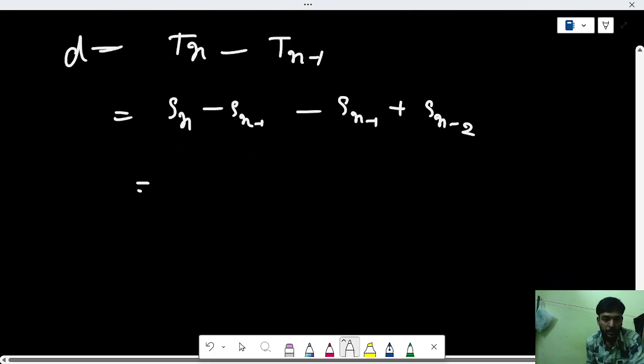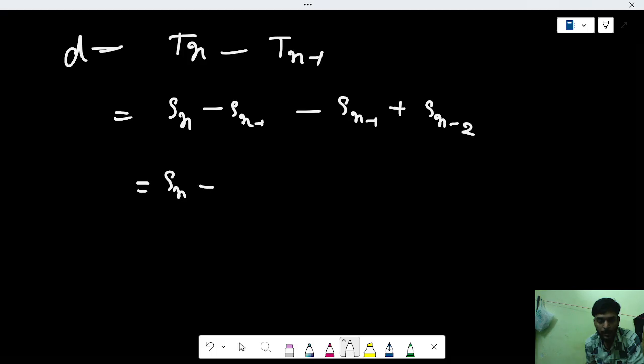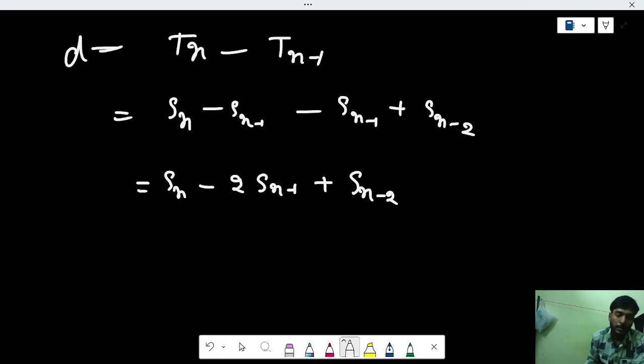Now we can simplify: 2Sn−1 is equal to Sn + Sn−2, and this is the property. This property has been proved.